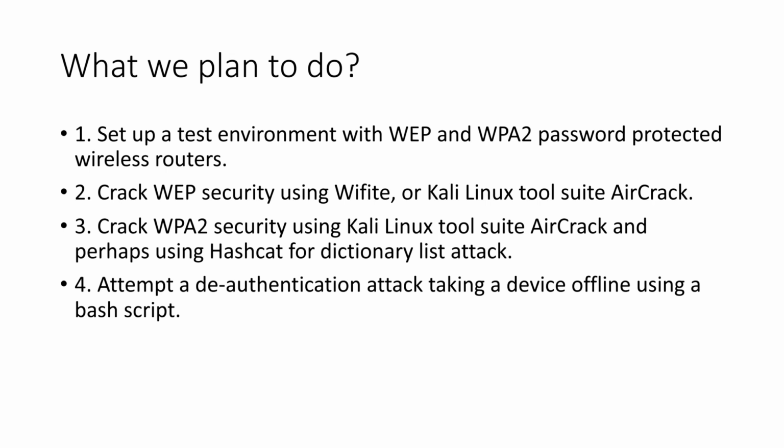So some entrepreneurial programmers went ahead and created a simple bash script that would scan for these devices and deauthenticate them, which would bring them off of their network and disable them. So we're actually going to show you that. It's called Dropkick. That's just the name of the bash script.